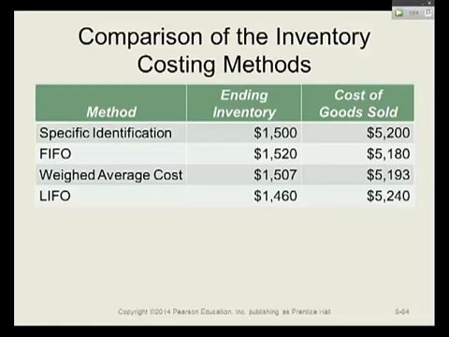Meaning that if I needed to think about collateral for a loan, that number is a lot better than the LIFO number because the FIFO number is representative of the current marketplace. It's the current market cost. On the other hand, LIFO understates inventory. The inventory is too low under LIFO, really using the old cost.